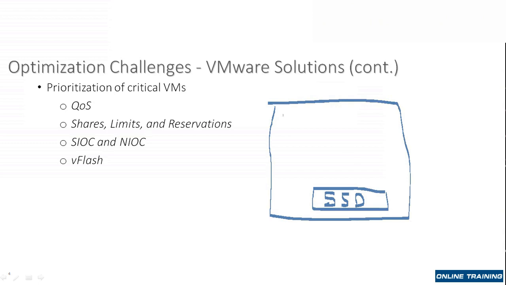And I could allocate a chunk of this solid state drive to a particular virtual disk on a virtual machine. And what this virtual disk will use the SSD for is a cache. It'll house some of the most frequently read data on that SSD drive. That way, when this virtual machine goes to access that data that it frequently needs to get to, it'll be served up really quick off of SSD. So those are some of the solutions that vSphere provides to common optimization.